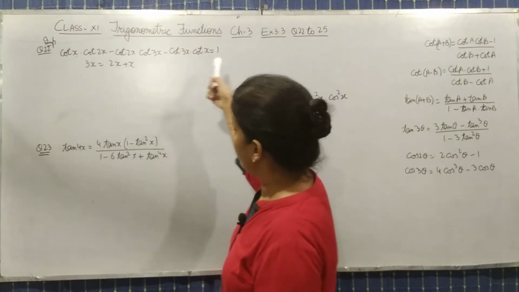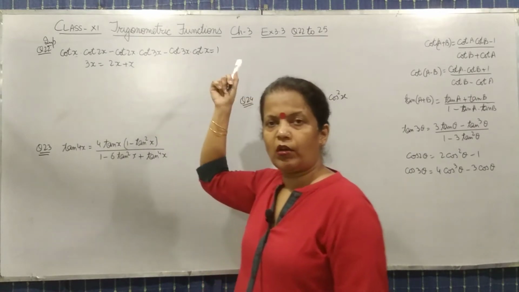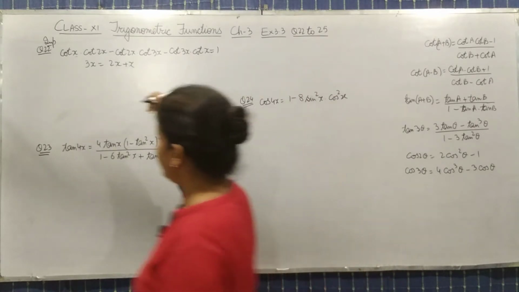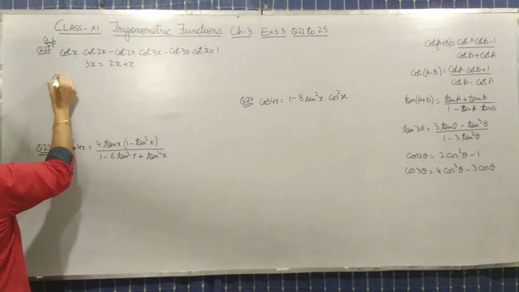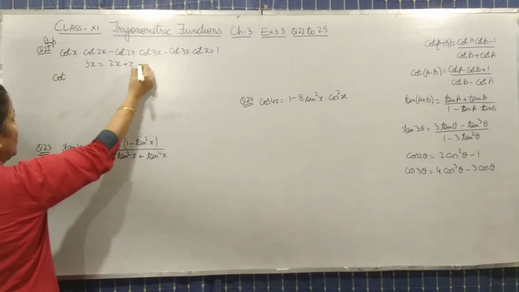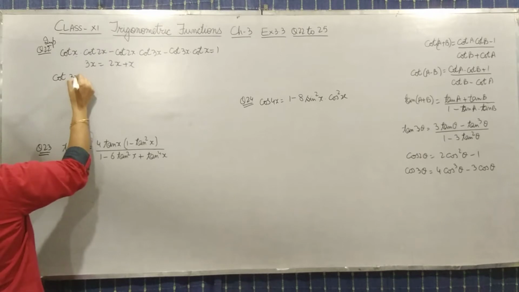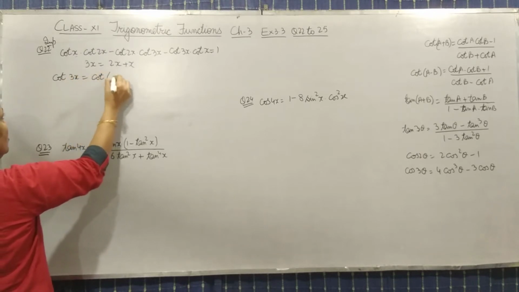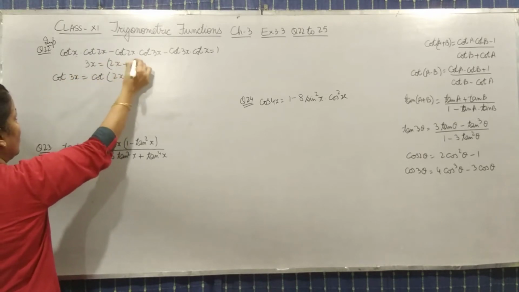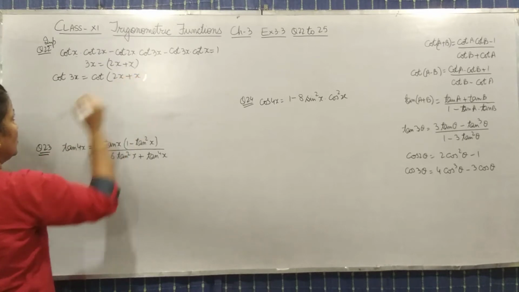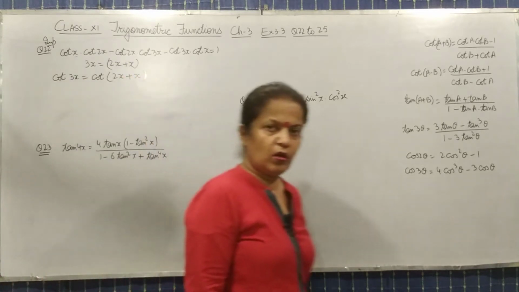If we observe, the trigonometric ratio is cot. So we will take cot on both sides. By taking cot on both sides, you will get cot of 2x plus x together.